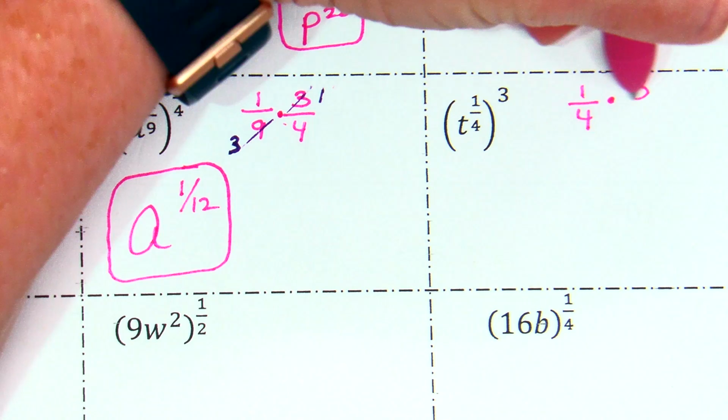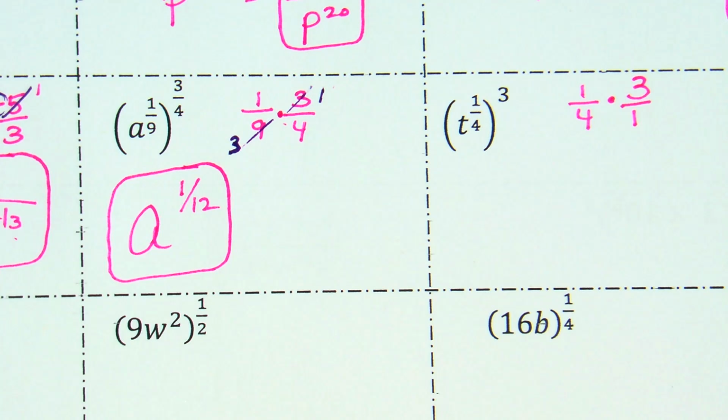Okay. Is there anything that can cross cancel here? I mean, the ones could cancel if you want to think that way, but then they cancel to be 1. So at this point we have 1 times, go across. 1 times 3 is 3. 4 times 1 is 4. T to the 3/4. Can I go any farther?